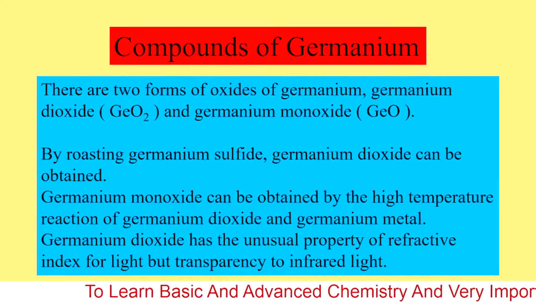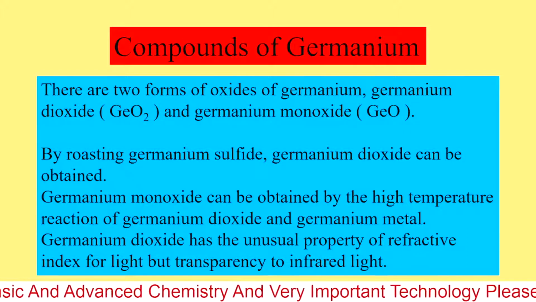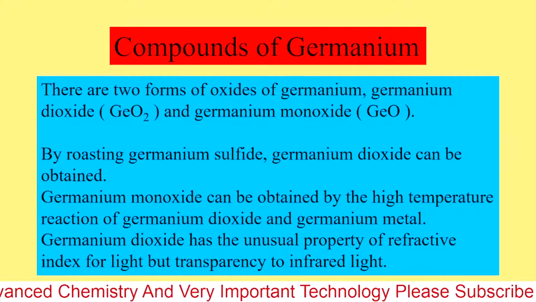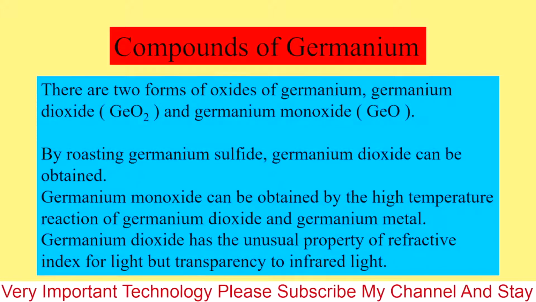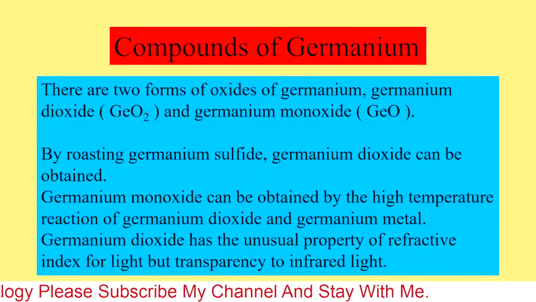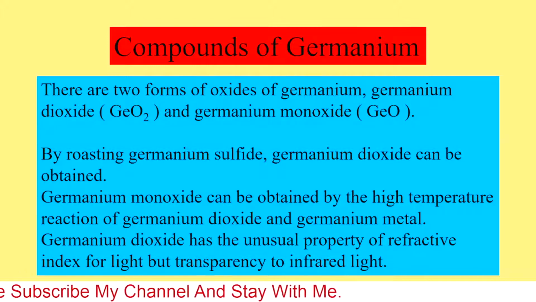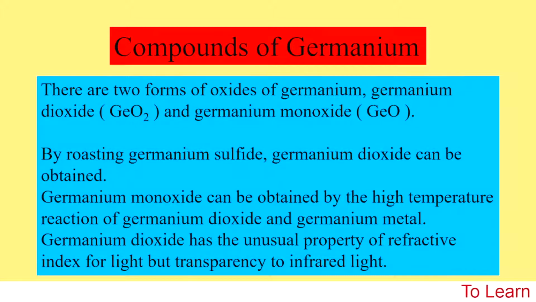Transparency to infrared light means the refractive index of germanium oxide is very different, very high, and it can pass the infrared light. Therefore, these types of materials are used to prepare different types of optics, which are very useful to perform experiments with infrared light.